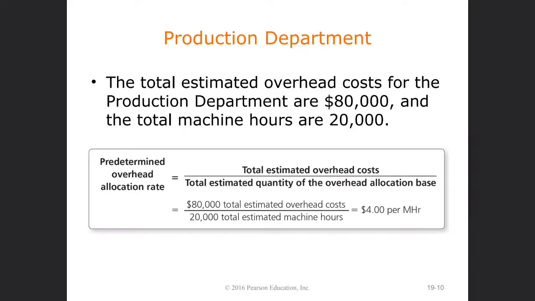And in this example, the allocation base is machine hours, so we're going to use 20,000. So you just replace whatever you're dividing it by. In this case, we're looking at machine hours, so that's why we're using machine hours. So 80,000 divided by 20,000 gives us $4 per machine hour.